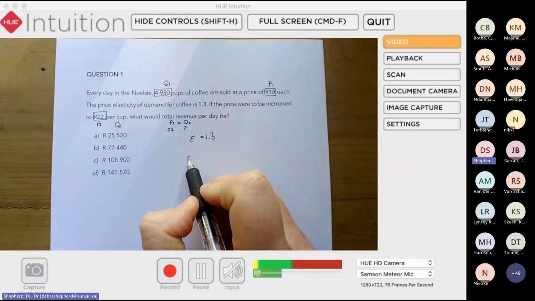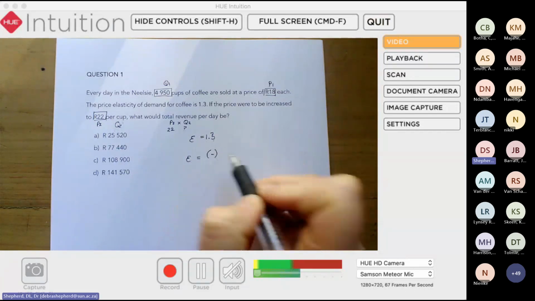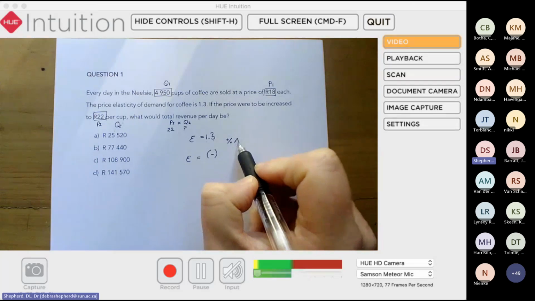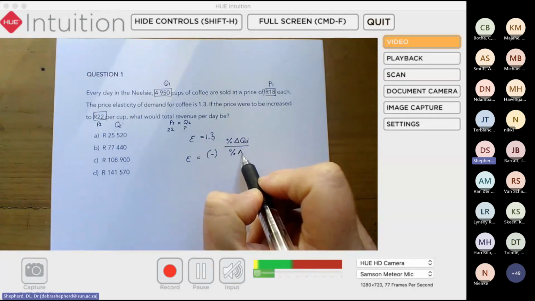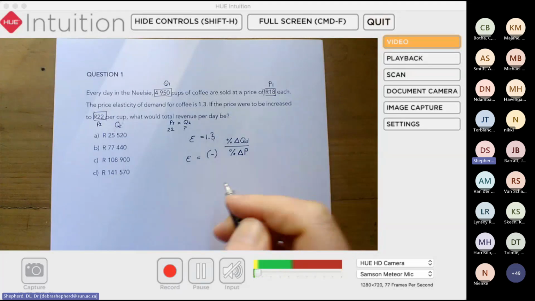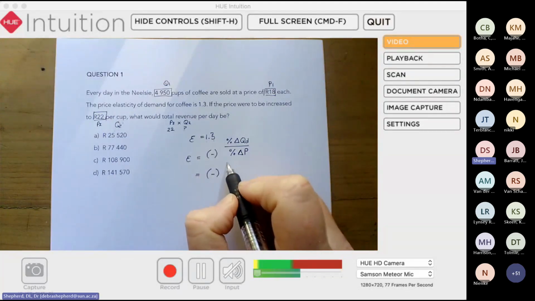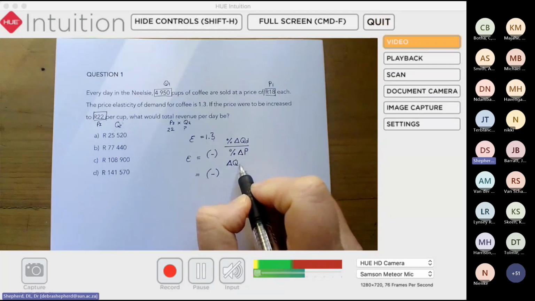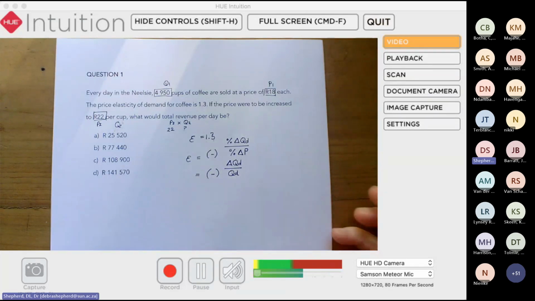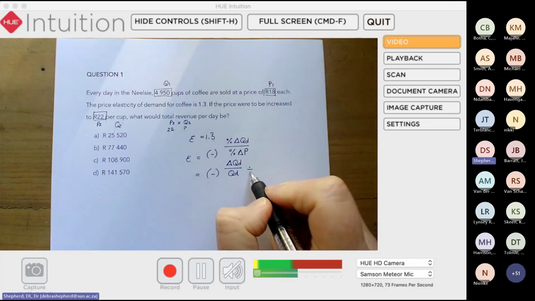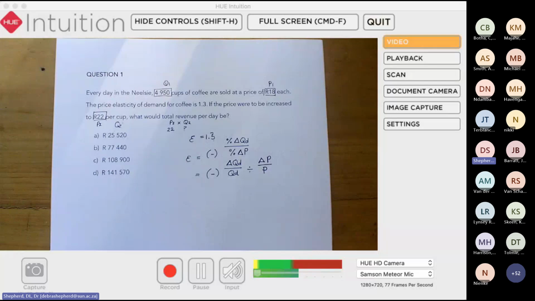How we would have calculated that elasticity value is it would have been computed as minus the percentage change in quantity demanded over the percentage change in price, which we can also write as minus the change in quantity over the original quantity divided by the change in price over the original price.